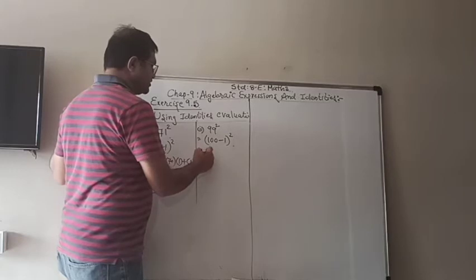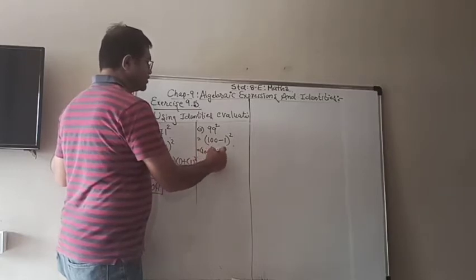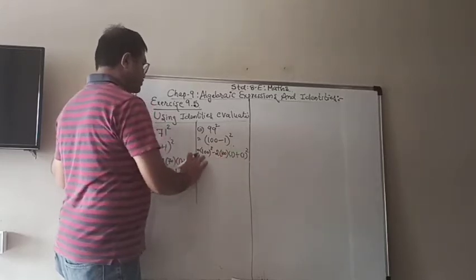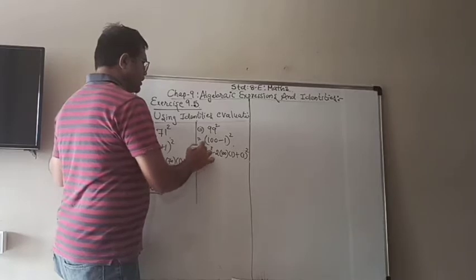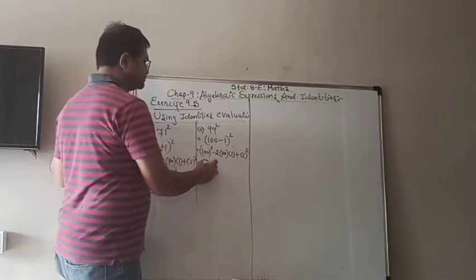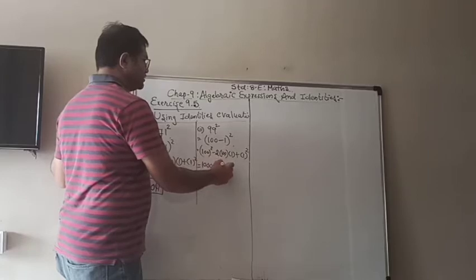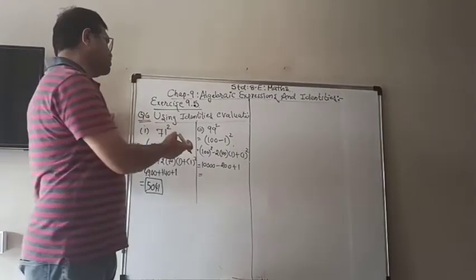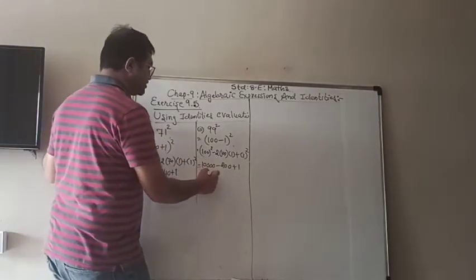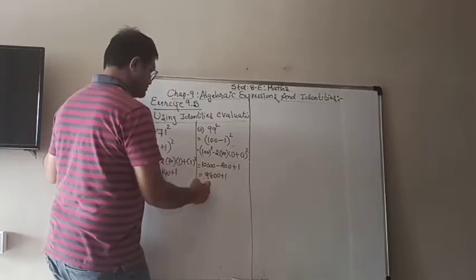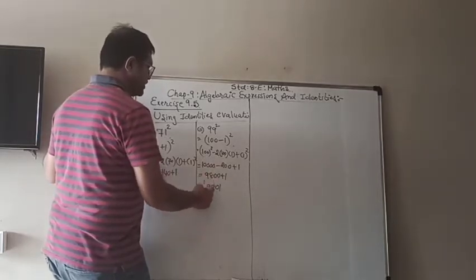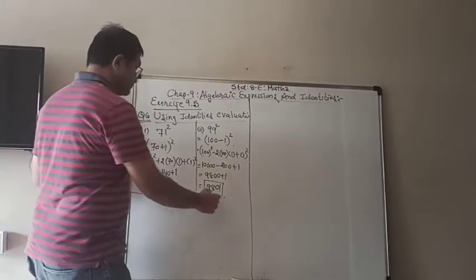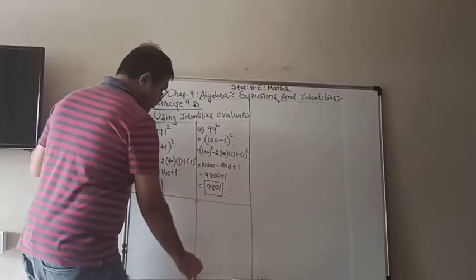So now second identity, 100 square, minus 2 into 100 into 1 plus 1 square. 100 square is 10,000 minus 200 plus 1. So 10,000 minus 200 is 9,800 plus 1, and that is 9,801. So here we are using the particular identities to evaluate this.